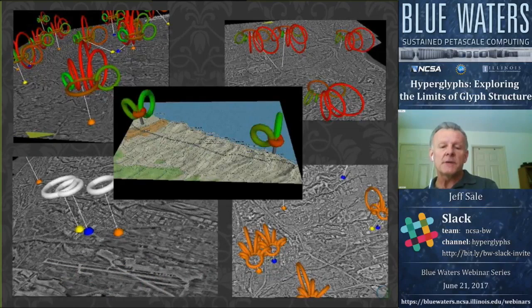So these were some first attempts at creating glyph structures to represent different things like the nutritional content of McDonald's distributed throughout San Diego County, or the tourist types of data along tourist locations along the coast.